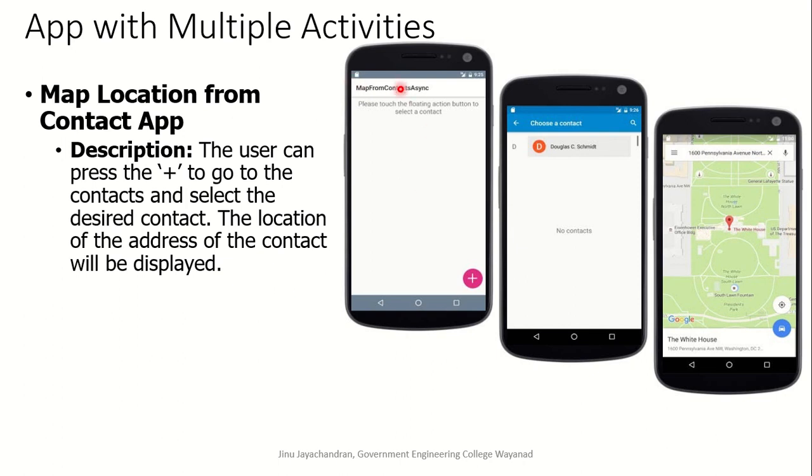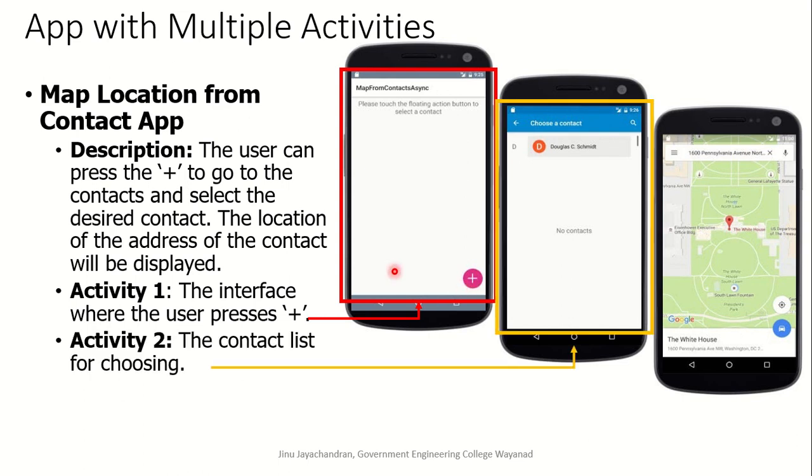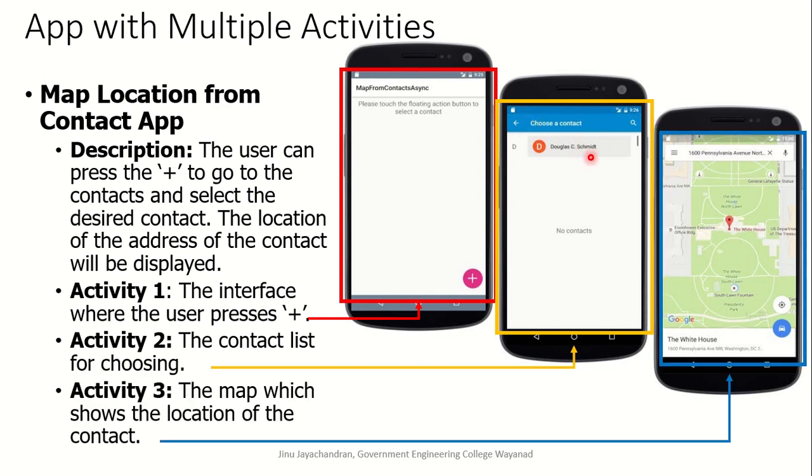So here the first activity is this one, where you have a plus sign, and you click the plus sign. The second activity comes into the picture, and you see it needs to choose a contact. When you choose the contact, it will go to a third activity where it will show in the map the location of the contact. So these are different types of activities in the same application.